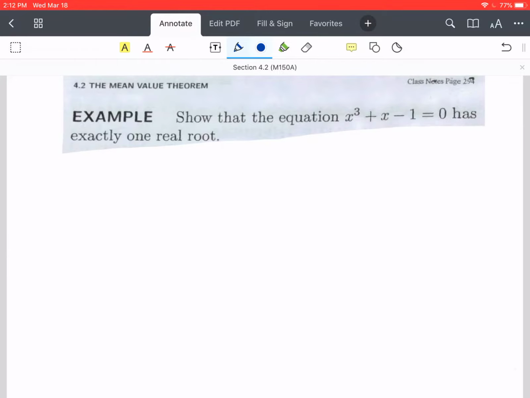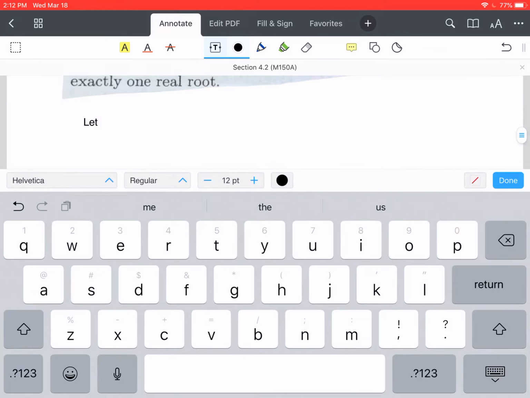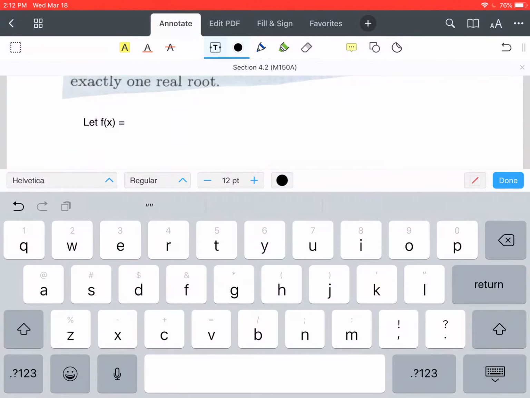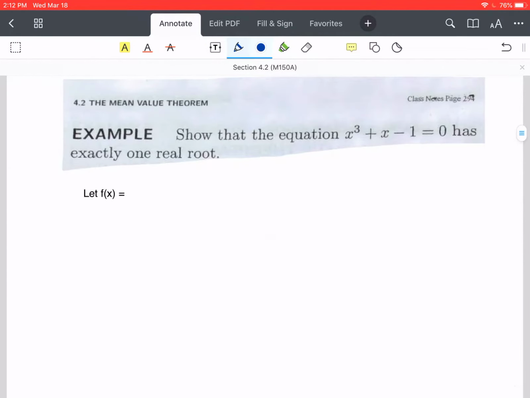So let's just look at a couple points here. So let f of x be the function. So f of x equals x cubed plus x minus 1.